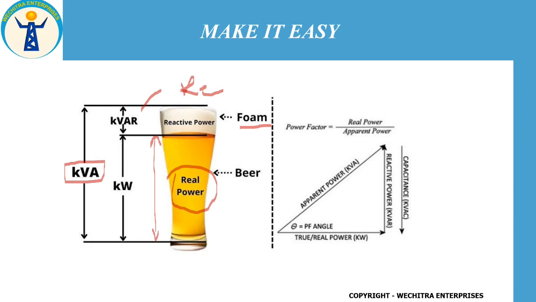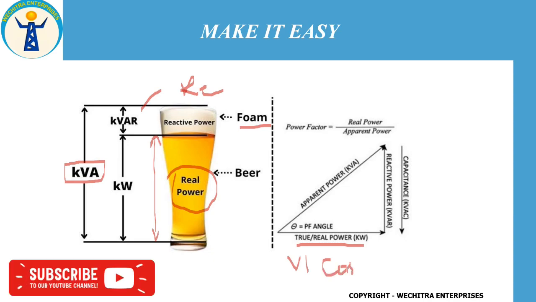Apparent power, again, is what you are paying for, and this is your real power, VI cos phi.